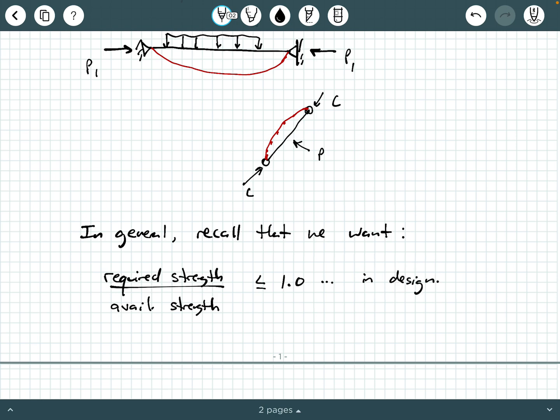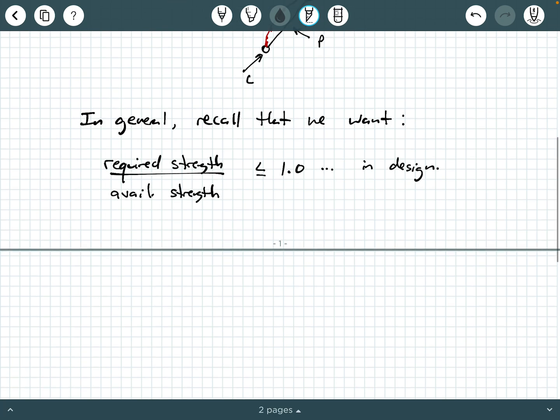If you've taken any kind of design class, steel design, concrete design, whatever, in general, we want the required strength divided by the available strength, that ratio, to be less than 1. What we always want is the available strength to be bigger than the required strength for a member to be successful.